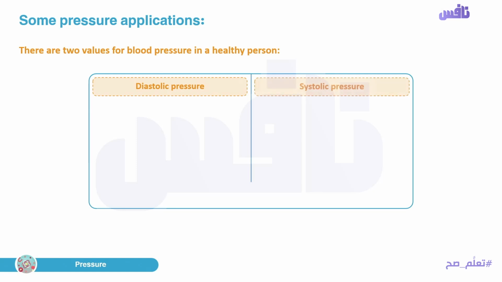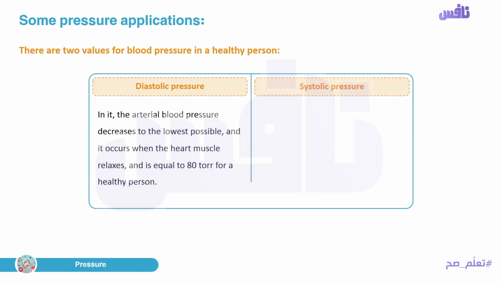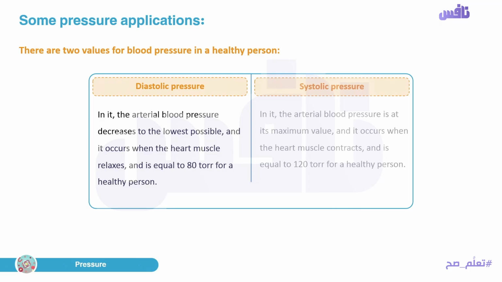What is the comparison or the difference between them? In this one the arterial blood pressure decreases to the lowest possible and it occurs when the heart muscles relax. The heart muscle relaxes and is equal to 80 torr for a healthy person. Bravo, torr is the unit of pressure. But according to the second type, bravo, you said the opposite, Mister.